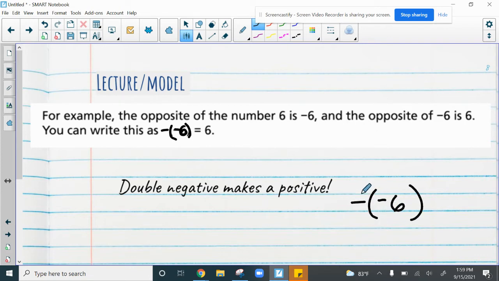If I add another negative sign, this would mean the opposite of -6, which would in fact be 6. Another example: the opposite of -8 would be 8. Basically, that double negative makes a positive. All right, let's keep going.